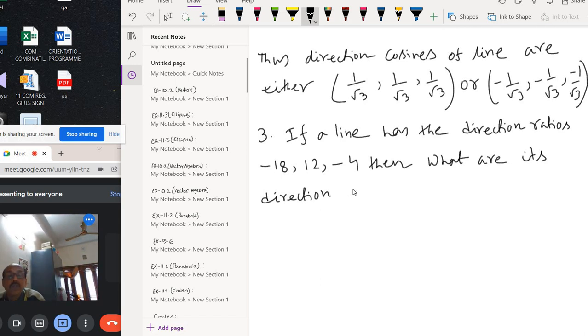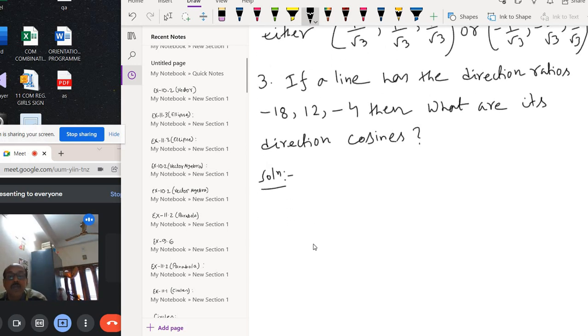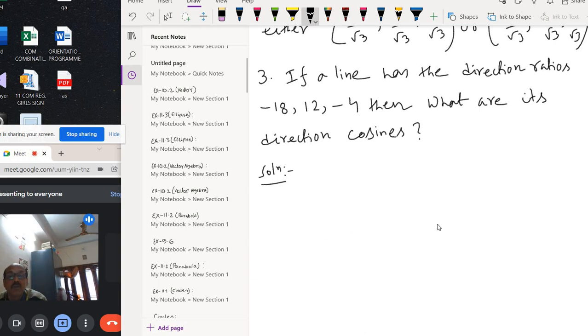DC, direction cosines. So the question is, if a line has the direction ratios -18, 12 and -4, then what are its direction cosines?